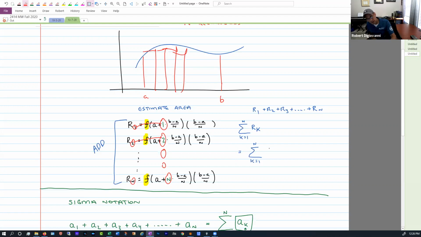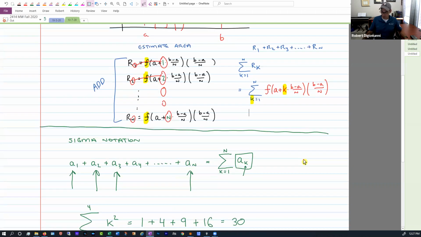So I could rewrite this as f of a plus k times b minus a over n, times b minus a over n. And so the only thing changing is the k. If I plug 1 in, I get the first rectangle's formula. If I replace that with 2, I get the second rectangle's formula. And then the third, fourth, all the way down. Does that make sense?